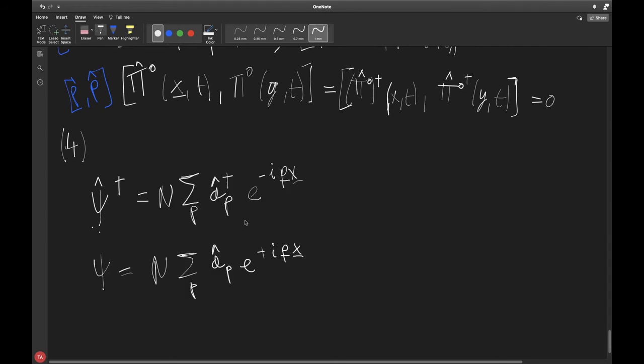So these are the fields which create particles and the fields which destroy particles. And we mentioned this in the past, that these quantum fields you should imagine as this continuously changing creation and annihilation of particles.